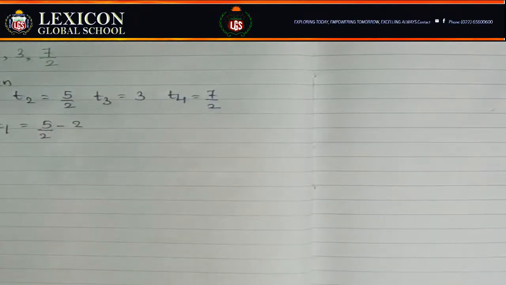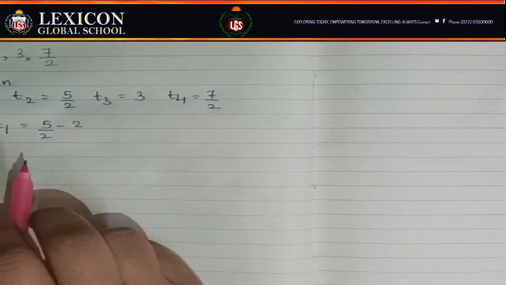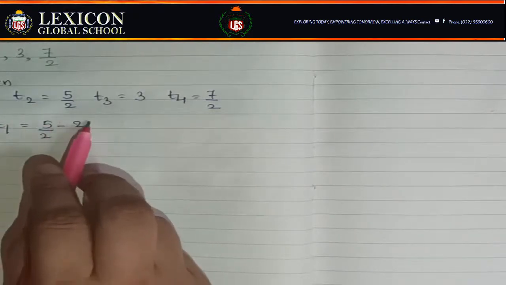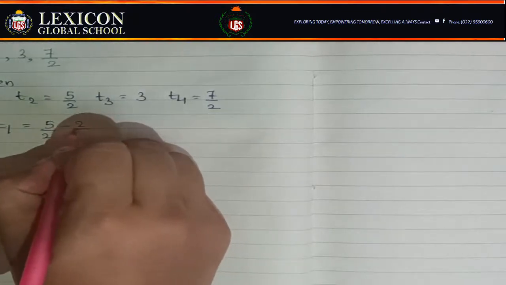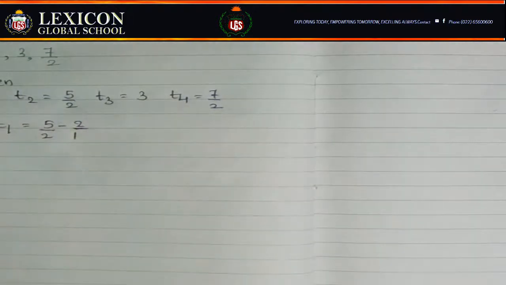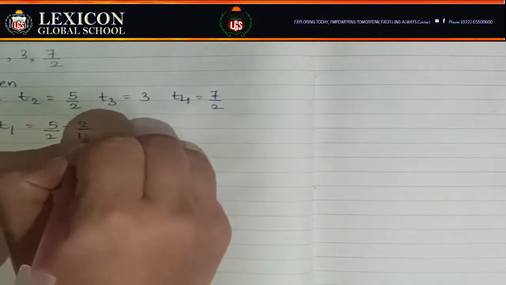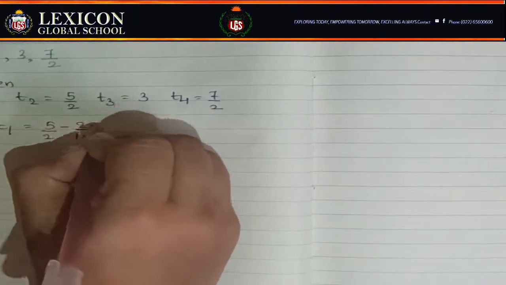As you can see, 5 upon 2 is a fraction. What we need to do is take out the LCM. As 2 is not having a denominator, we consider the denominator as 1. Now we have to take the LCM. How are we going to take the LCM? By multiplying the denominator by 2.